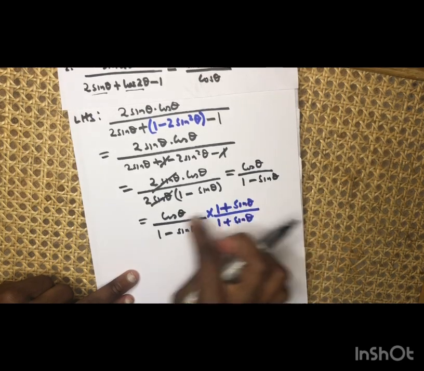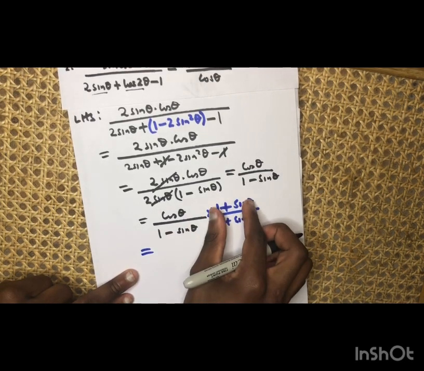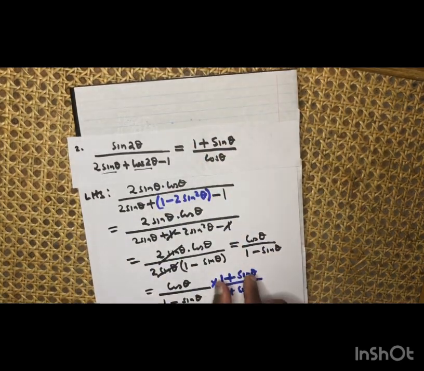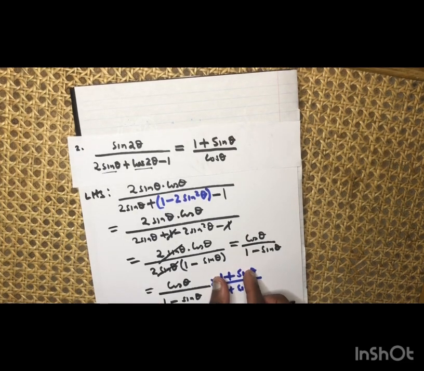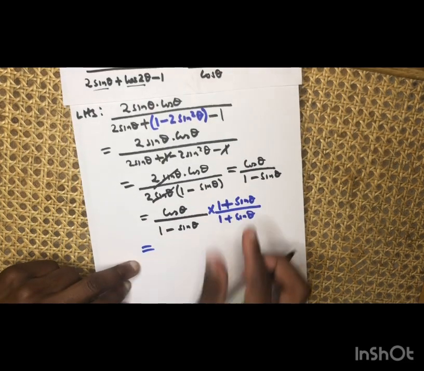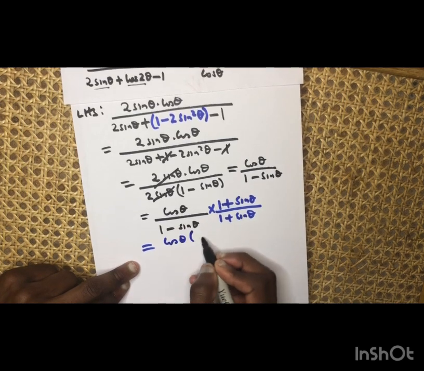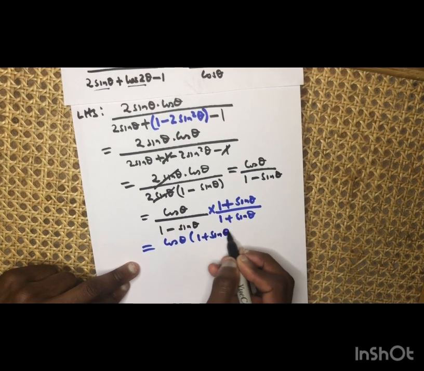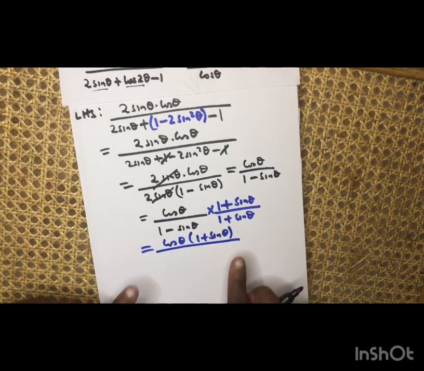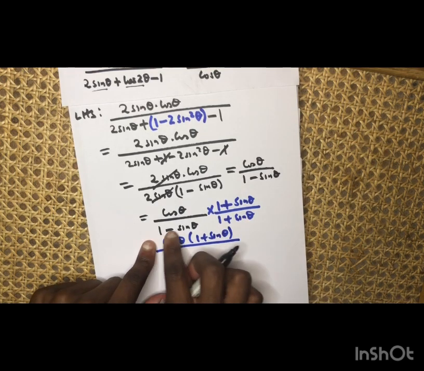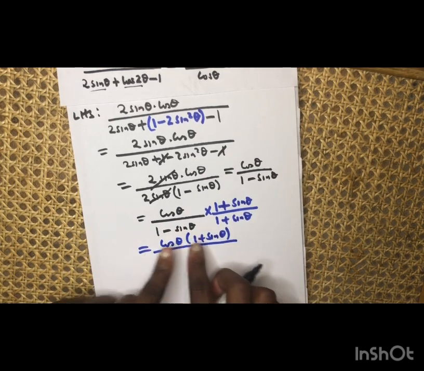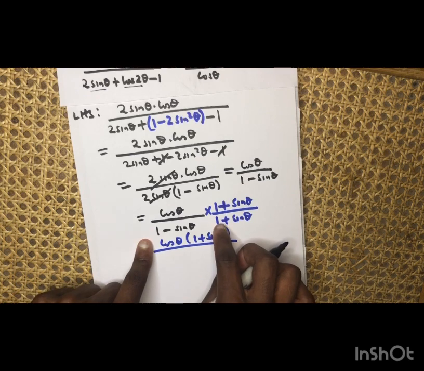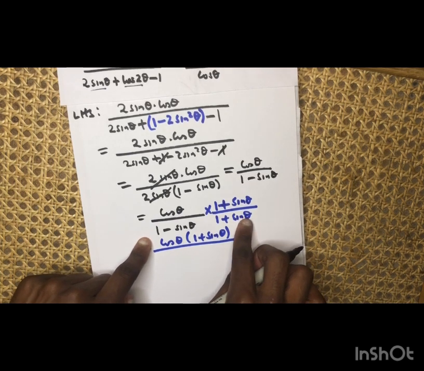Good. If I multiply this one, remember I need this on my numerator, so I'm going to keep it as it is, guys. So I'm going to have cos theta into 1 plus sine theta over. Remember, if I multiply 1 minus sine theta times 1 plus sine theta, this is the difference of two squares.